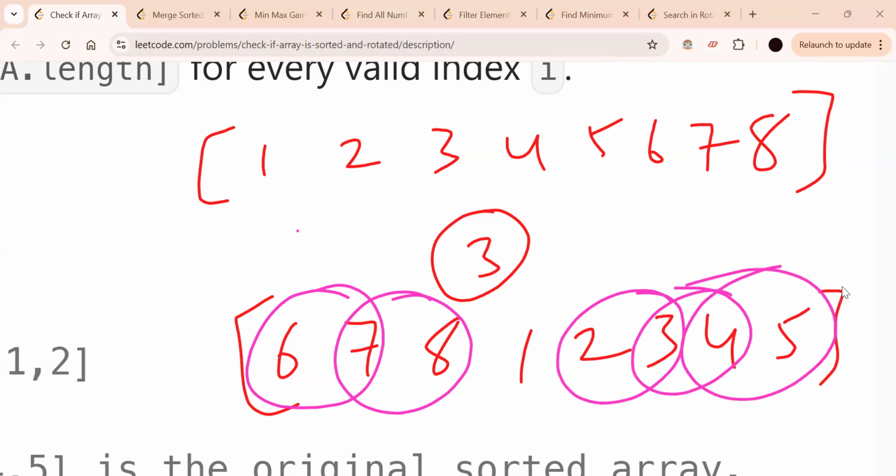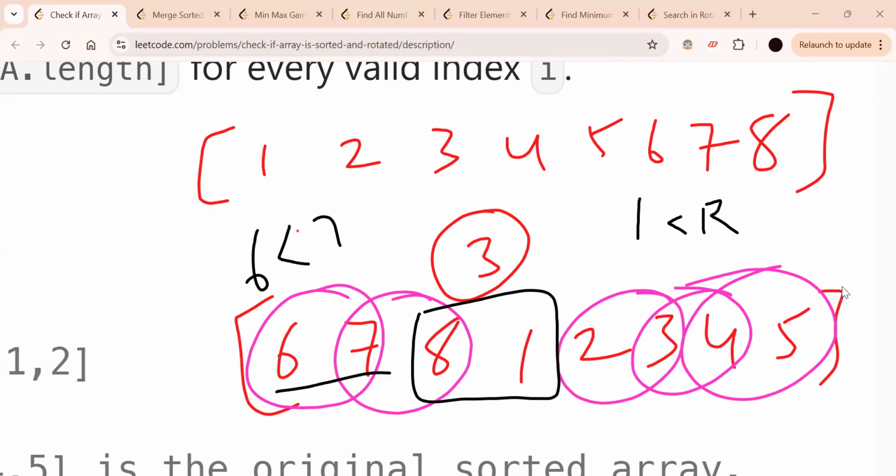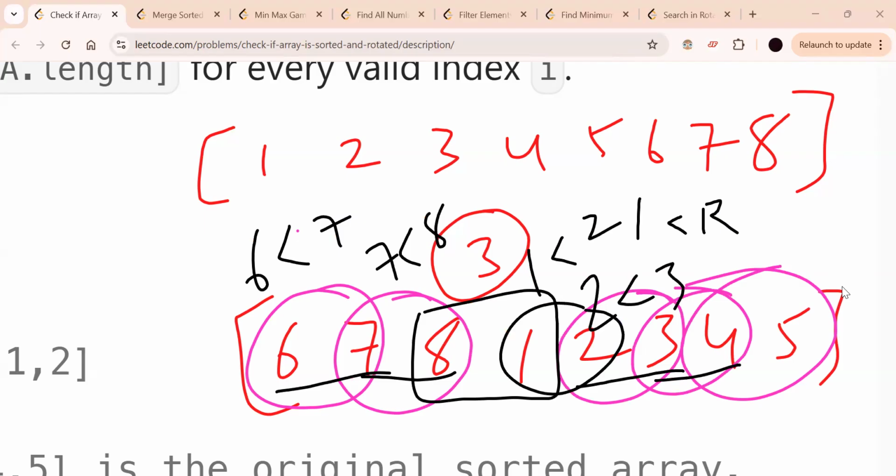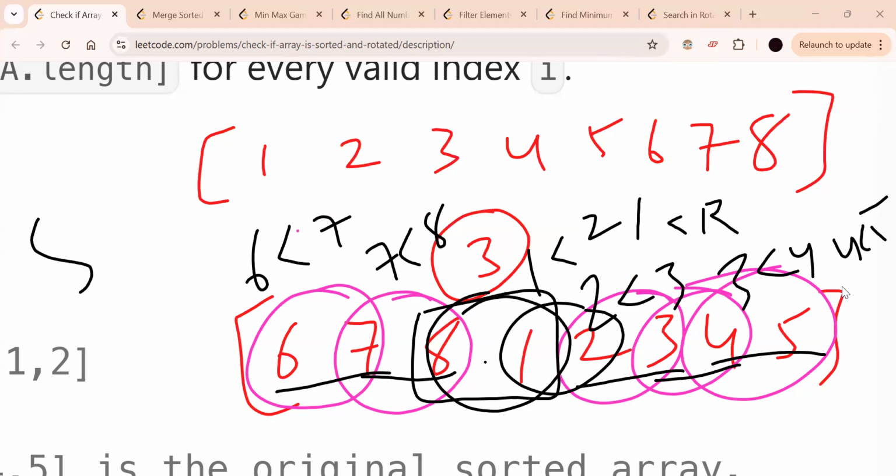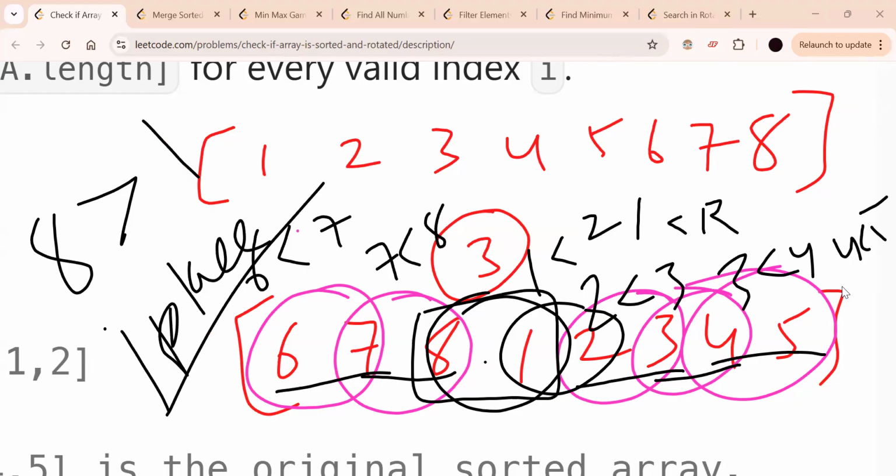Except this pair, all other pairs have left value less than right value. 6 and 7: 6 less than 7. 7, 8: 7 less than 8. 2, 3: 2 less than 3. 1, 2: 1 less than 2. 3, 4: 3 less than 4. 4, 5: 4 less than 5. Only 8 and 1: here 8 is greater than 1. Only at one place, guys.